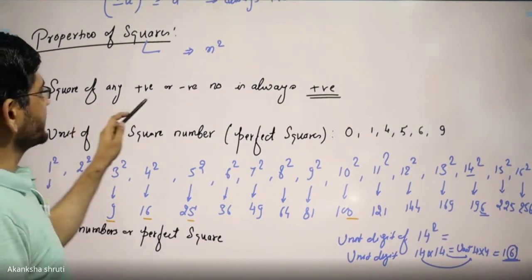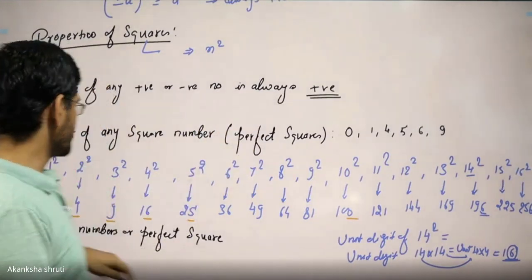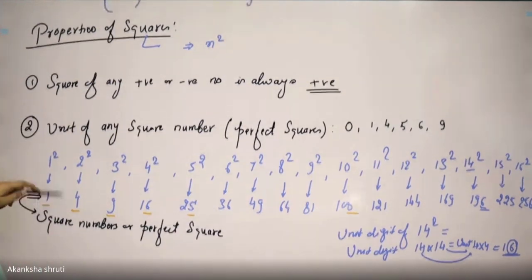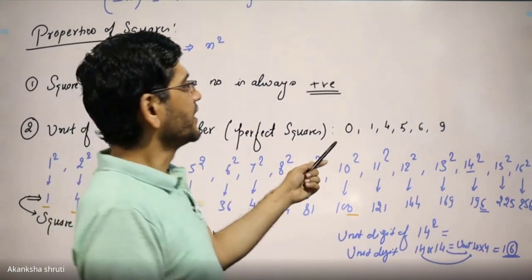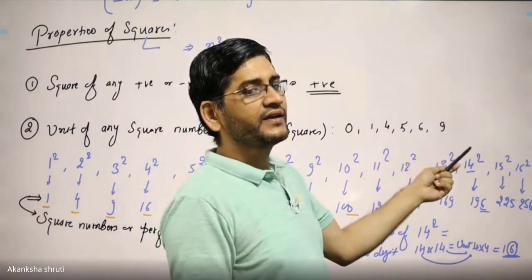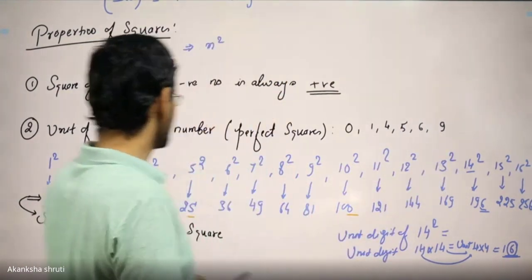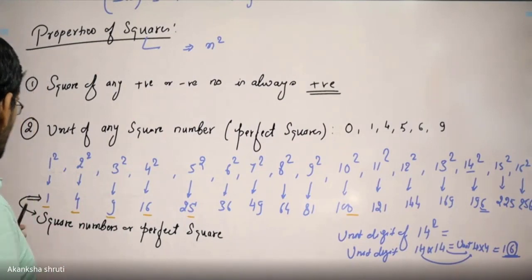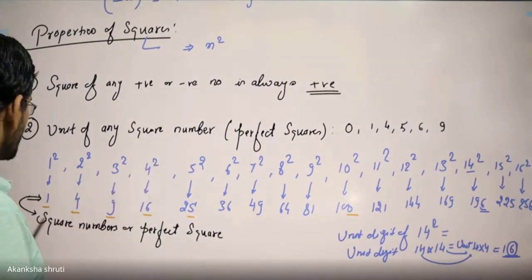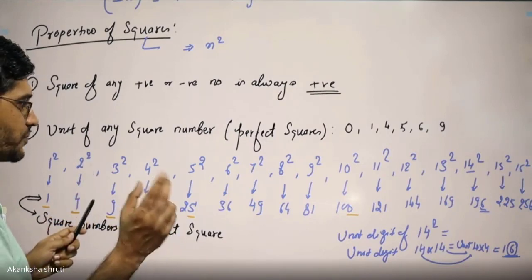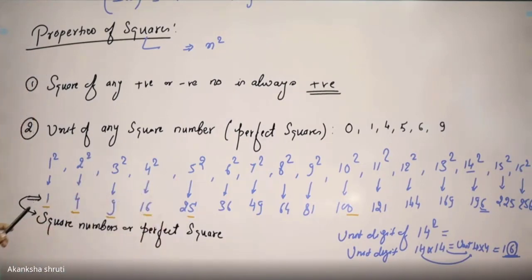The square of any positive or negative number is always positive. Then which number is called a square number or perfect square? It is the square of any integer. On factorizing these square numbers, they can be made into groups of 2, meaning the same number.